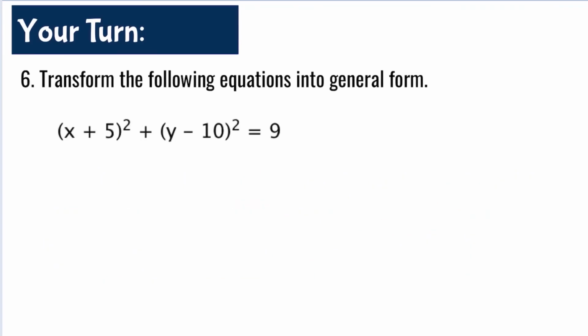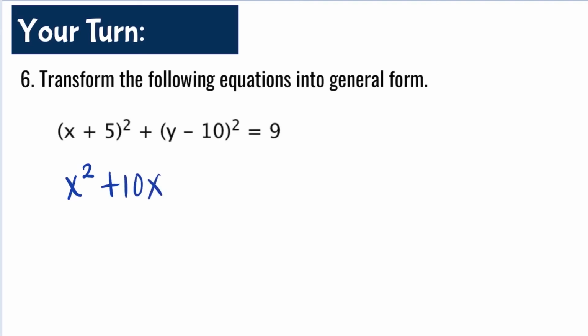Now let's have question number 6. (x + 5)² + (y - 10)² = 9. First, let us square the binomial x + 5. Square the first term, we have x². Next, multiply x and 5 and double, we have plus 10x.